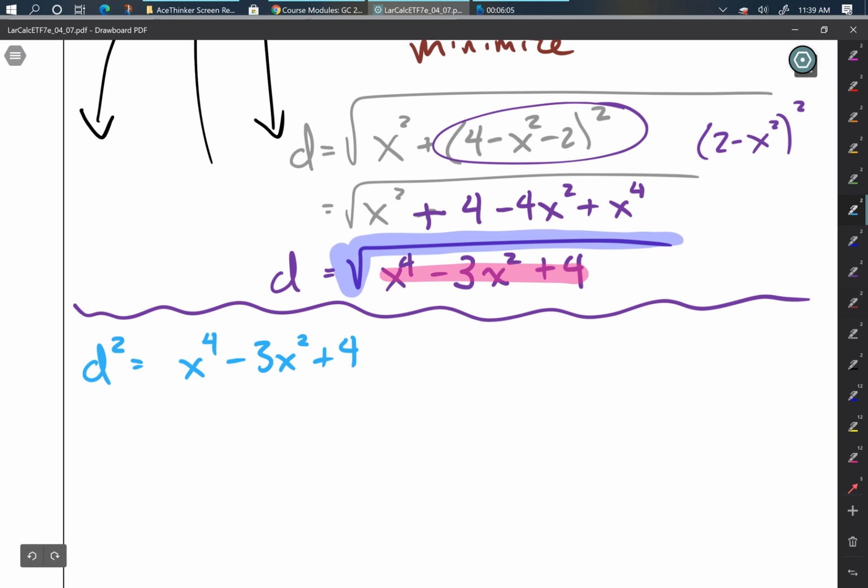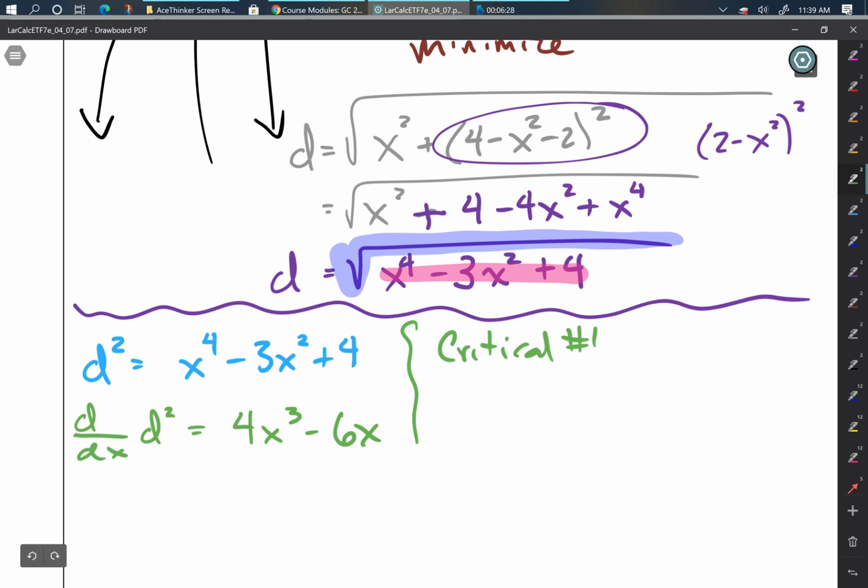Okay, so I need critical numbers. In order to get to critical numbers, though, I need a derivative. So I'm going to take the derivative of this. So the derivative with respect to x of d squared is going to be 4x cubed minus 6x. There's my function. Now I need critical numbers. Okay? Critical numbers are when that derivative does not exist or when that derivative is equal to 0.